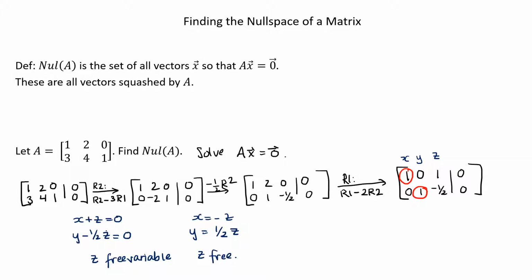So the null space is going to be every vector x, y, z that satisfies these equations. Two equations, and z can be anything. So I'm going to write null of A as the set of -1, 1/2, 1 times z, for z a real number.